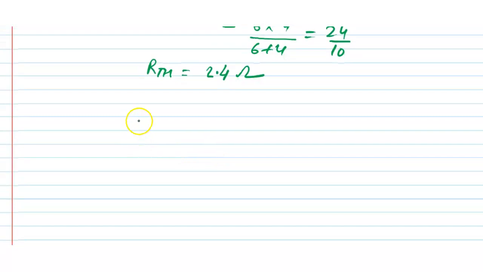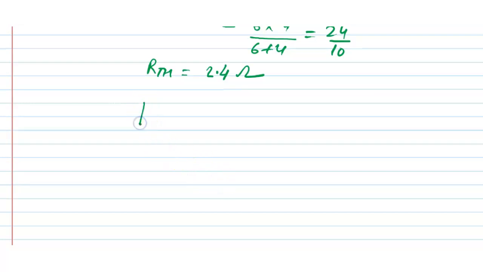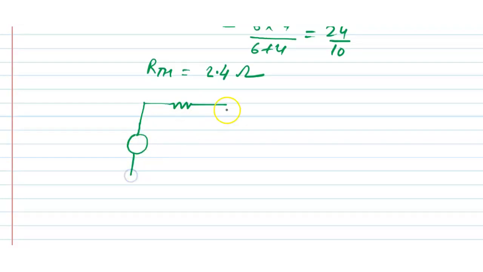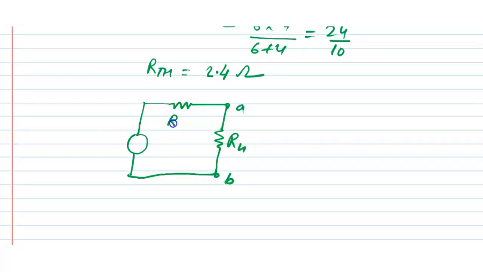And the Thevenin equivalent circuit is given by: this is R4, this is A, and this is B, this is RTH which is 2.4 ohm, and this is VTH.